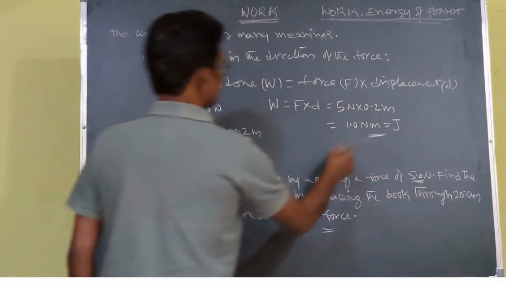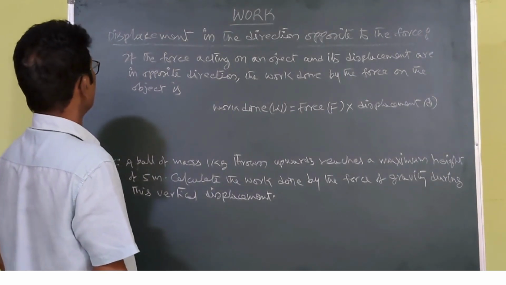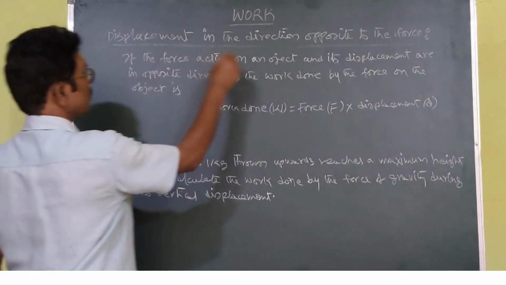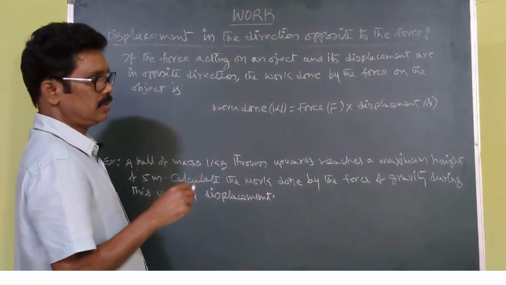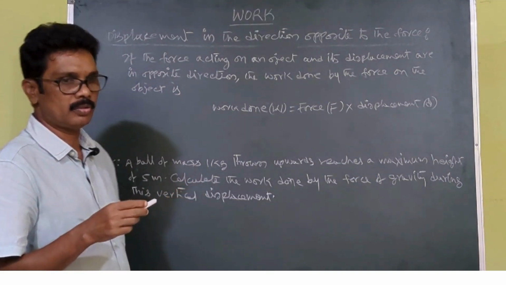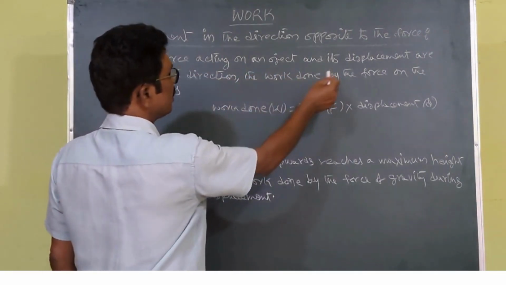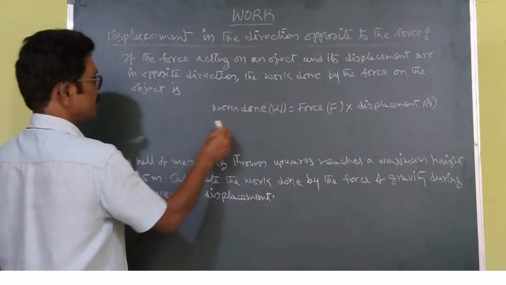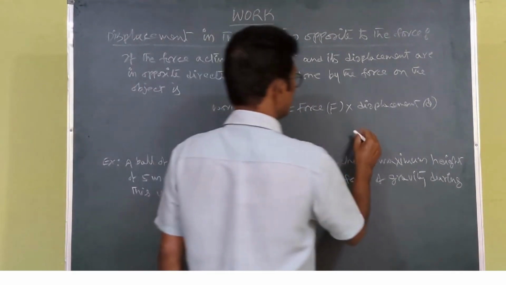That was the simple example. The second case in work is displacement in the direction opposite to the force. The force is acting in one direction, and the displacement is taking place opposite to that direction. The force acting on an object and its displacement are in opposite directions.